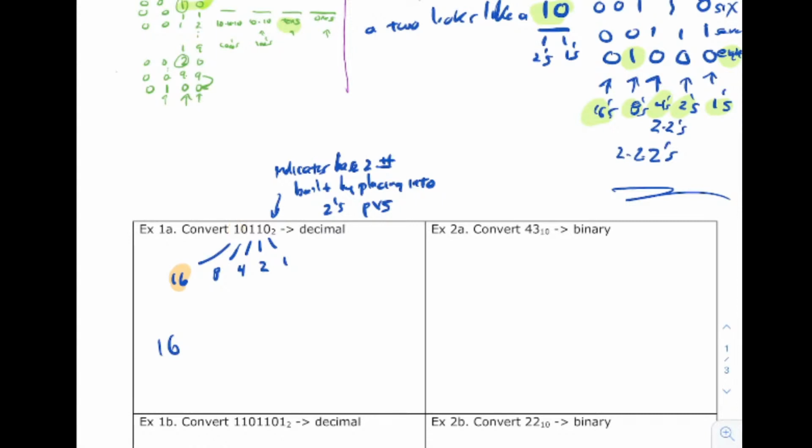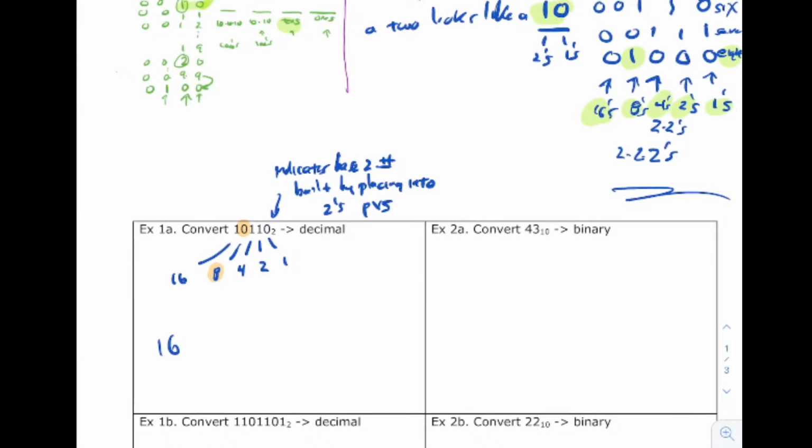If you look at this 0 here, which is in the 8s place, it means you've got 0 8s. Or think of the 8 as an 8-pack. You filled up no 8-packs. Well, that gives you nothing. You got 0.